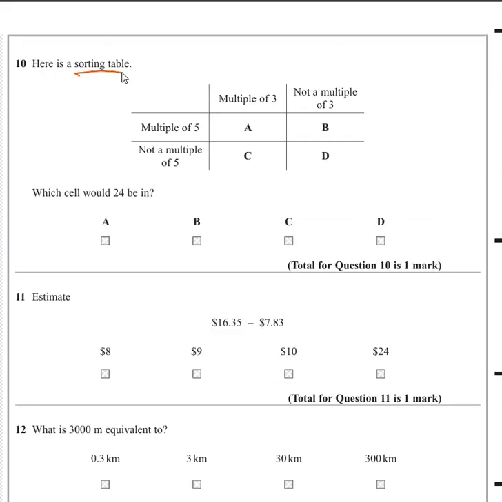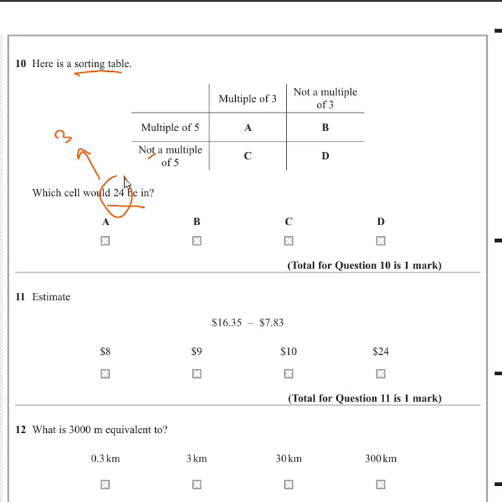Okay, here's a sorting table, and which cell would have 24 in it? So, well, multiple of 3, and then we have not a multiple of 3, not a multiple of 5. So basically, I'm trying, so 24. 24 is a multiple of 3. That means it's in times table 3. And it is not a multiple of 5.